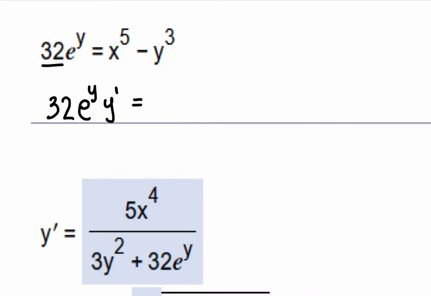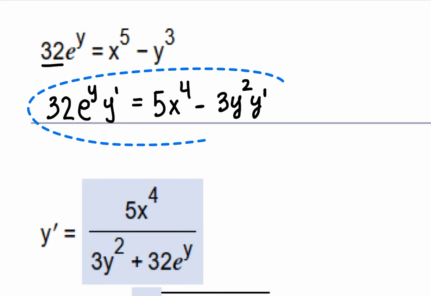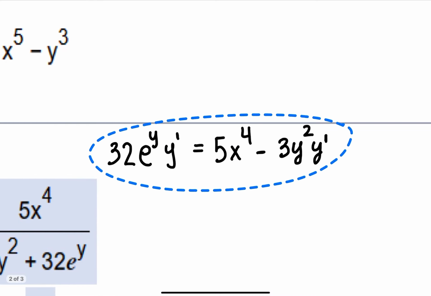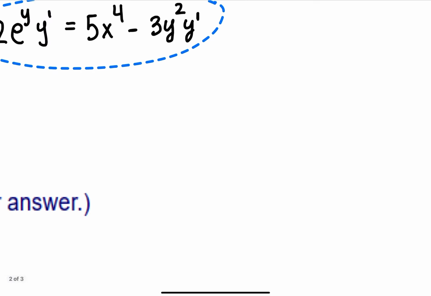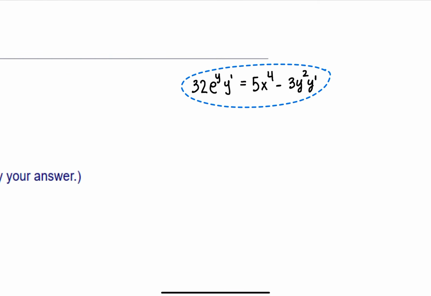Differentiation of 5x to the power 5 is 5x to the power 4, minus differentiation of y cubed, which is 3y squared. I can say dy by dx, or I can just put the prime. Once we've done that, I'm going to bring all of this down here so I can solve this.